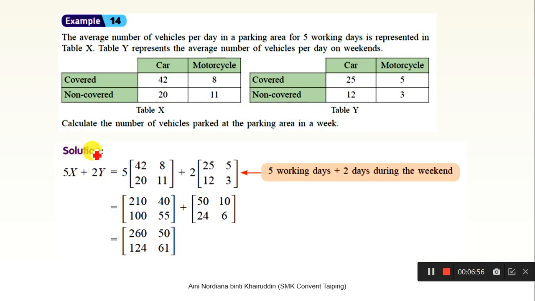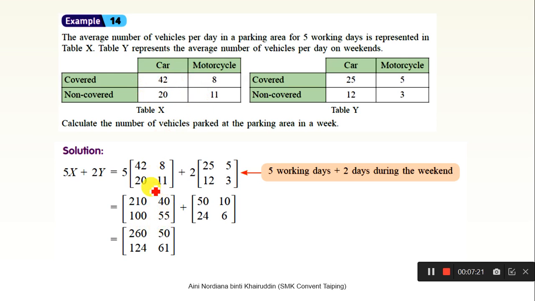So this is the solution. 5 days of weekday, so we have 5 days in a week, plus 2 days for weekend, because the tables are given for 1 day.